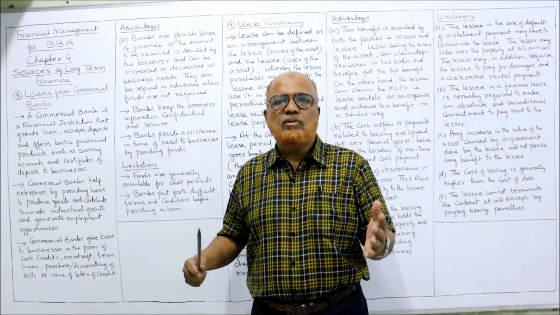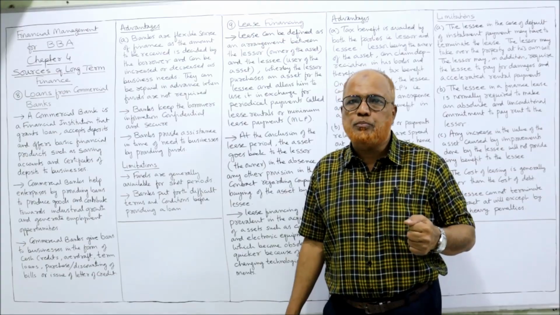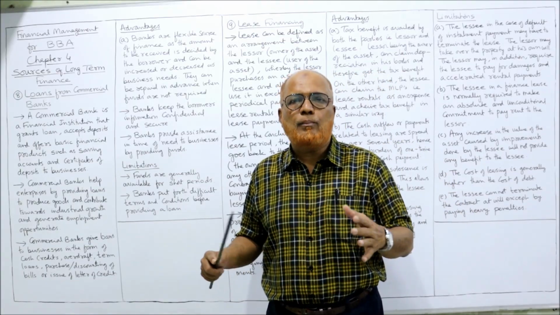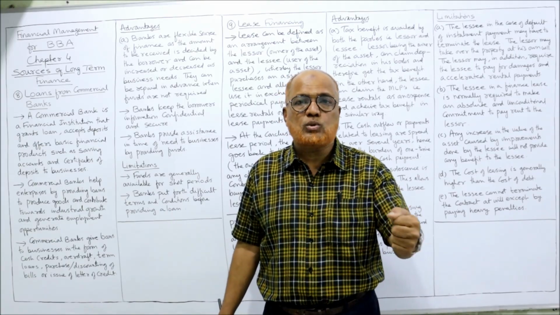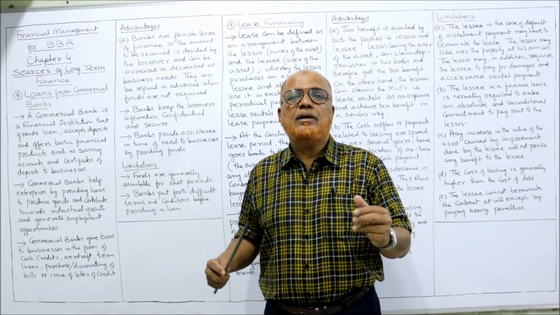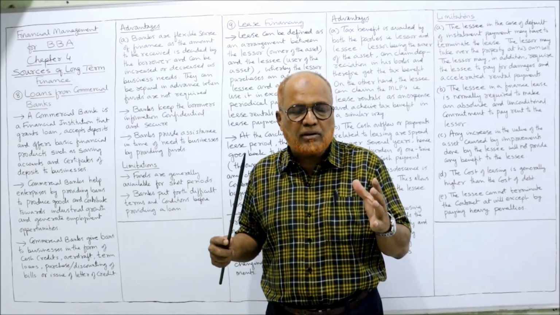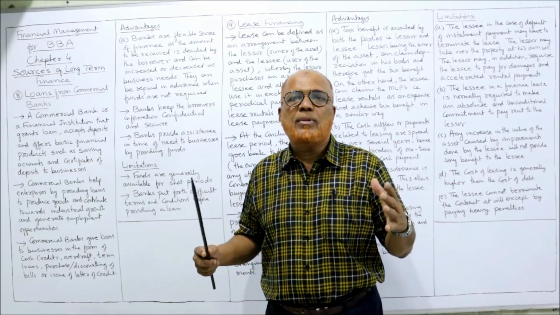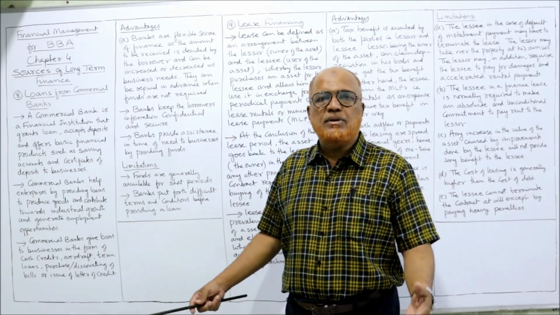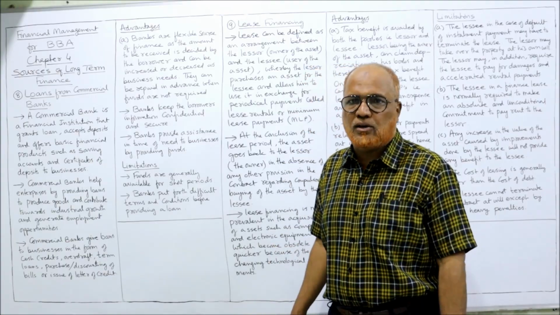Apart from that, it will provide a number of financial products. Nowadays, commercial banks are offering a number of financial services to the customers. In this way, these commercial banks are helping the government in the economic development of the country. These commercial banks can be said to be the backbone of the economy.